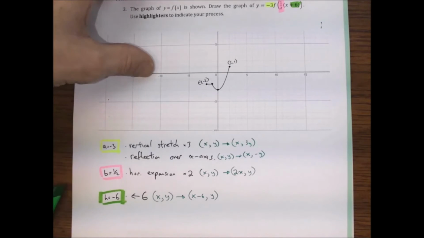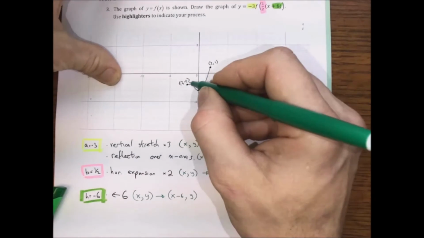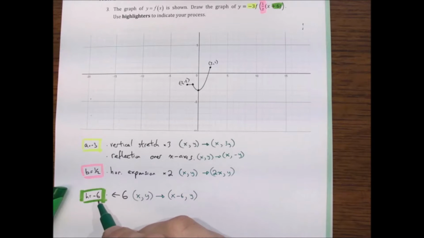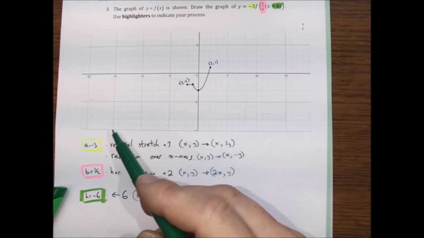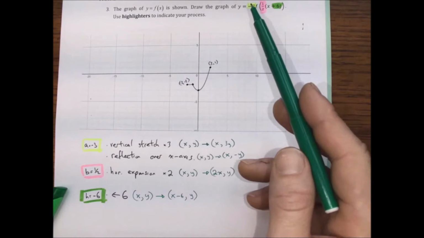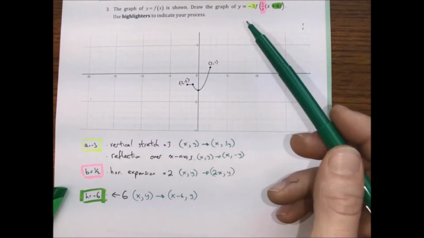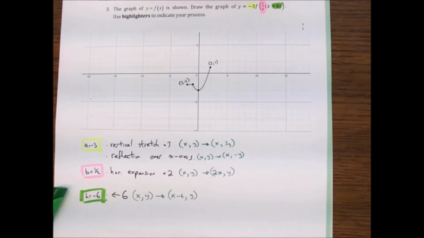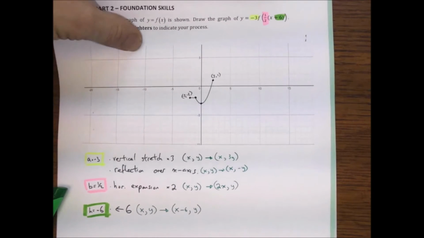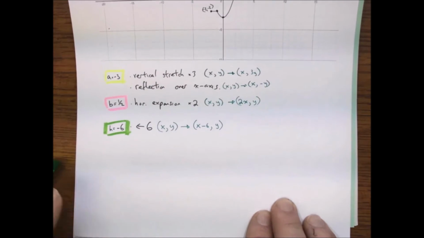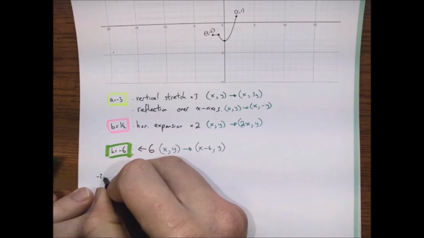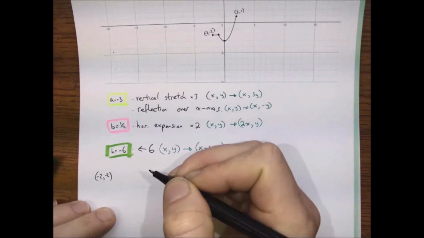Okay. So what I'm going to do is I'm going to list all 4 of these points. I'm going to transform them one at a time. And each time I do that, I'm going to demonstrate what's happening in terms of yellow highlighters here for this transformation. All right, so my 4 points are the points negative 2, negative 2.